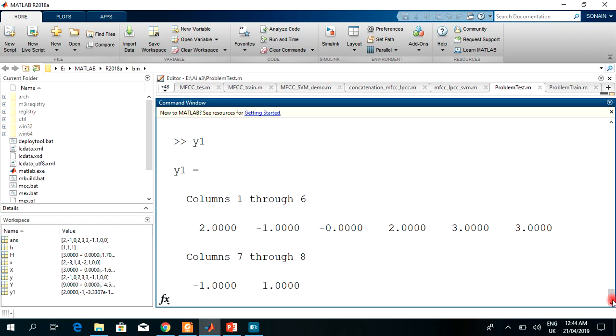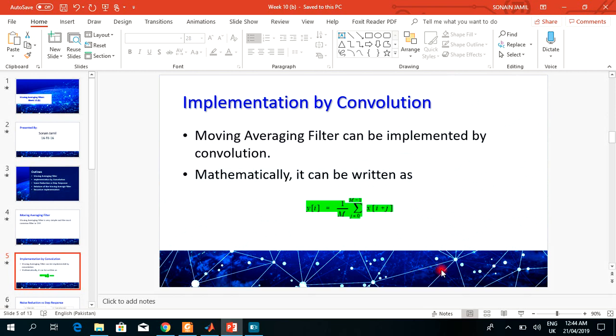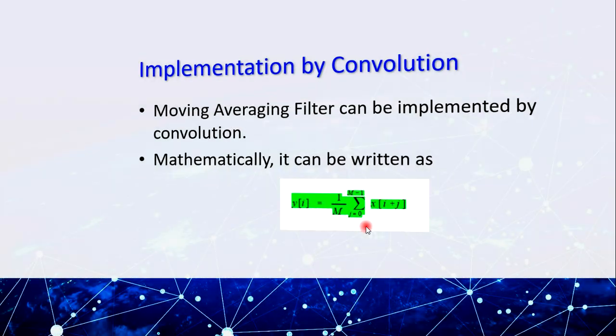So multiplication in frequency domain is convolution in time domain. Now let's start with the lecture. This is the formula for the moving averaging filter, and we implemented it with convolution.